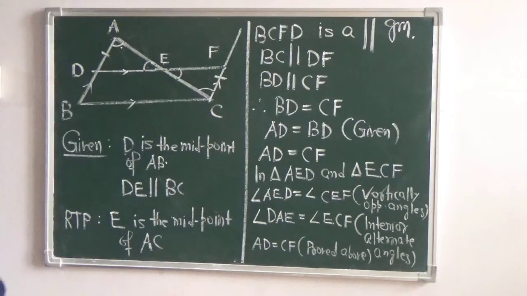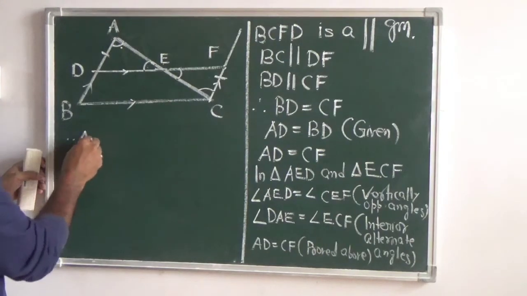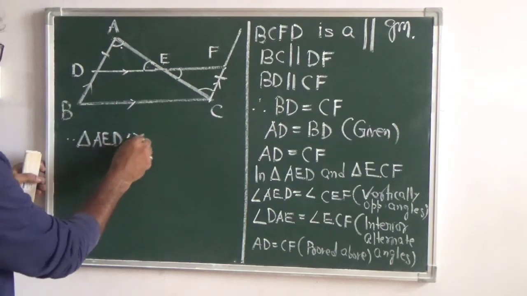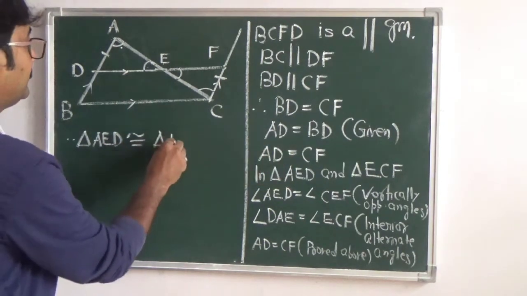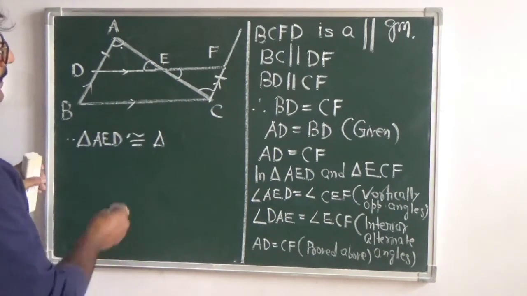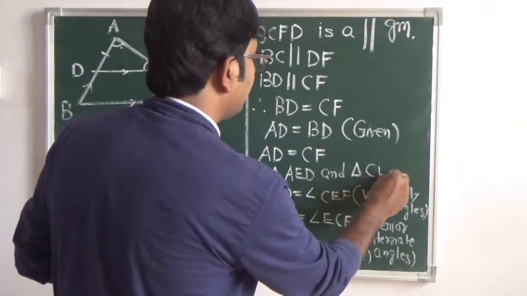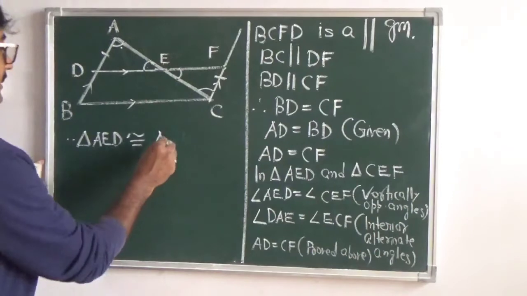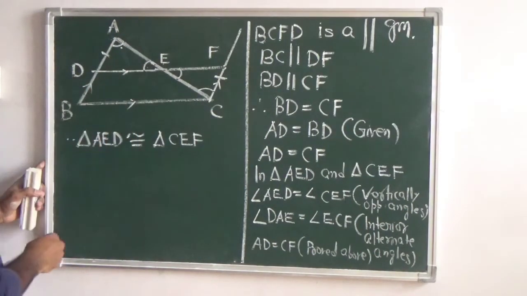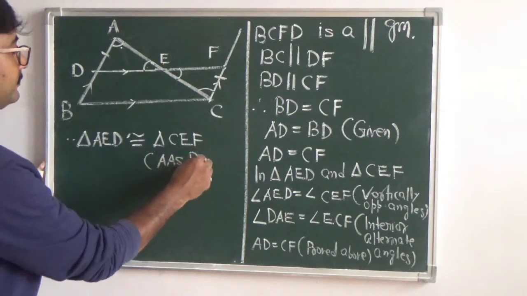So therefore we write, triangle AED is congruent to triangle CEF, and this is by the angle side rule.